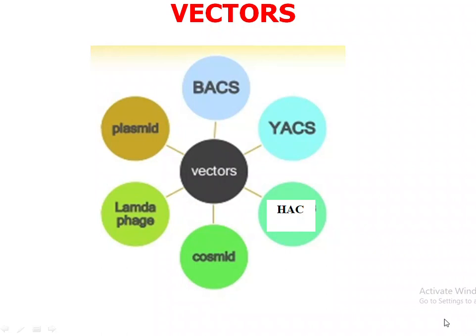For some studies involving analysis of genomic DNA, it is desirable to clone even larger fragments of DNA than are accommodated by bacteriophage lambda or the plasmid. Cosmid and yeast artificial chromosome vectors can be used for this purpose. So there is a specific reason for choosing a particular vector.